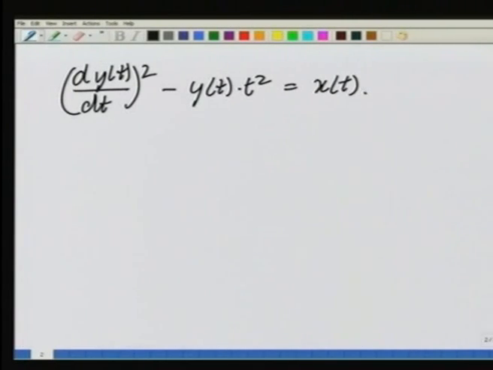Here we have just the first derivative and the 0th derivative y(t). y(t) also is multiplied by a function of time.